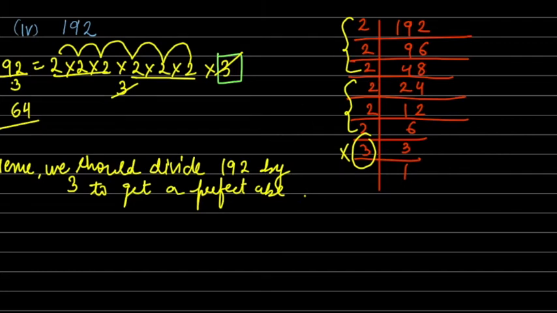Okay. So before you see the last part of this question, it is 704. I really want everybody to solve it on their own. The fifth part is 704. Before you see the solution, try to pause the video and solve it on your own.